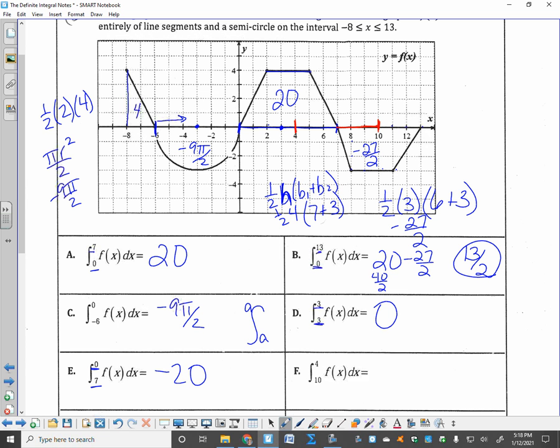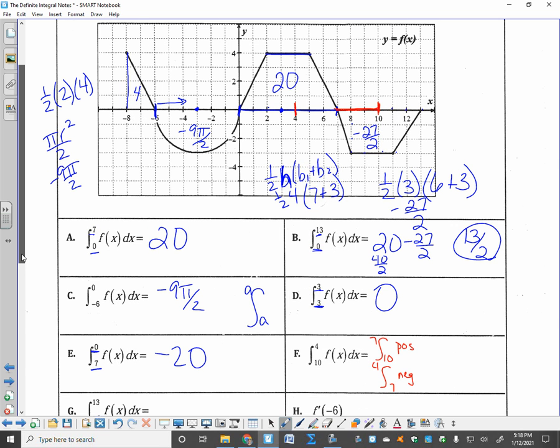Okay, let me go from 10 to 7, and then let me go from 7 to 4. 10 to 7 is normally a negative area, but because I'm rolling backwards, it's going to make it positive. So I'm going to go ahead and put positive. And then from 7 to 4 is normally a positive area, but because I'm rolling backwards, that's going to make it negative. Okay, so now let's go find these values.